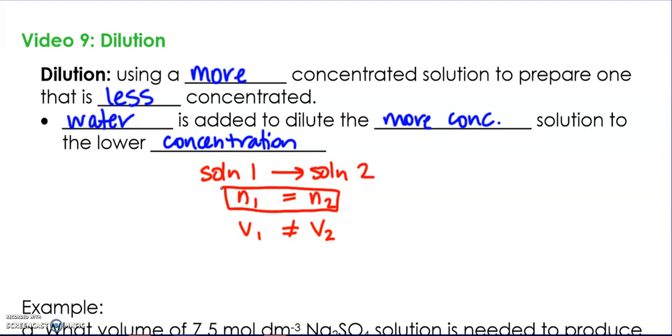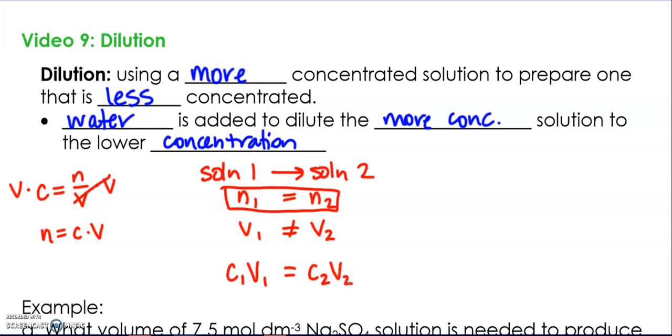So we have to go back and remember that our concentration is our moles over our volume. So if I solve for moles, moving the volume from one side to the other, I find that moles are concentration times volume. So I can replace moles with C times V. So the concentration of solution 1 and the volume of solution 1 will equal the concentration of solution 2 and the volume of solution 2.